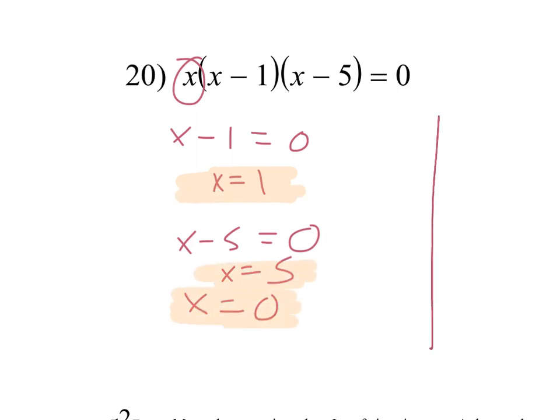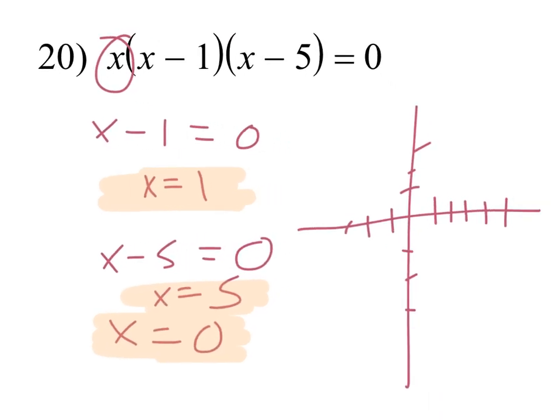Now we draw our graph. So what are our points on our graph going to be? So we put one at 0, 1, and 5. How many x's do we have in this original equation? We have 3. So we have an x to the cubed graph.